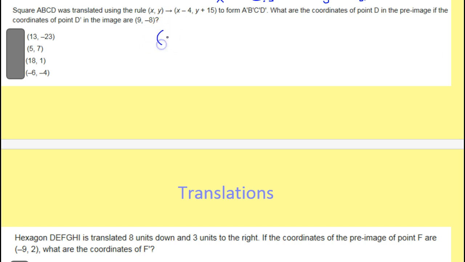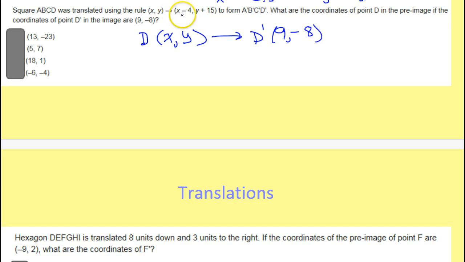So we have some original point x, y, and it is becoming this new point D prime, which turns out to be 9 comma -8.